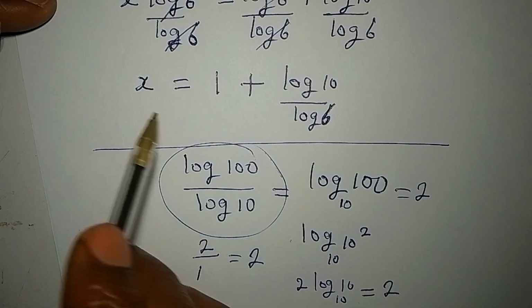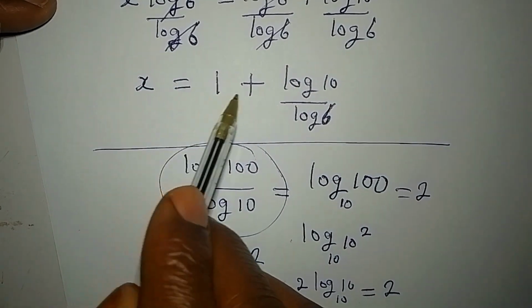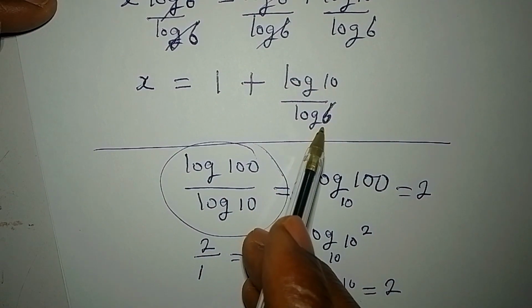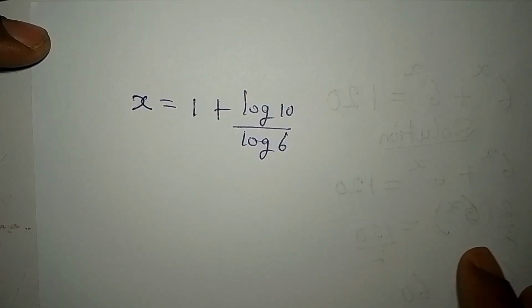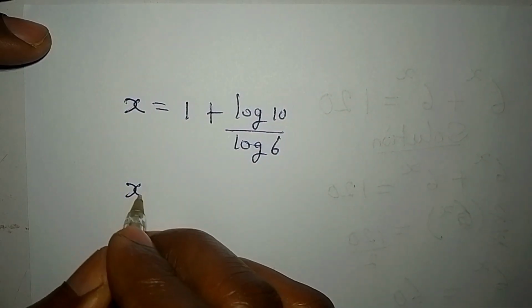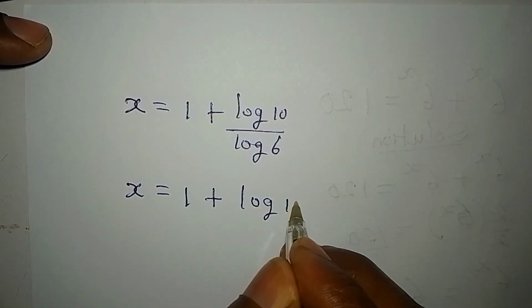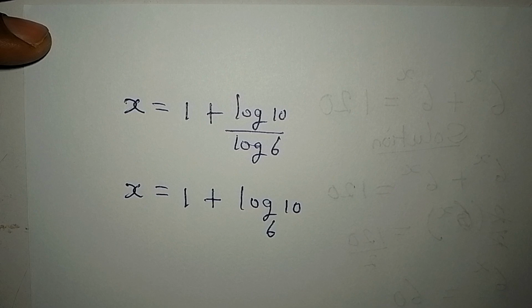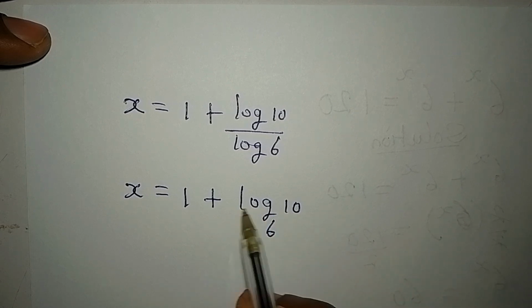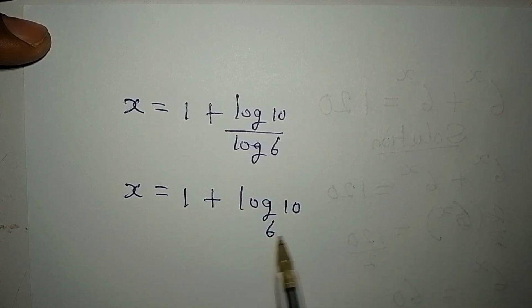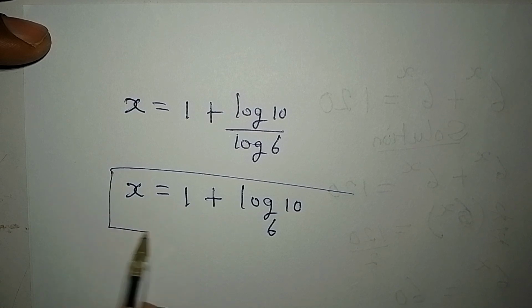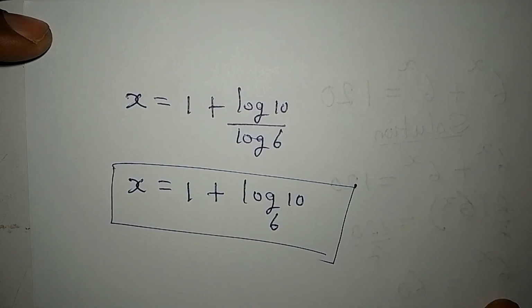Now, let's go back to our x to be equal to 1 plus log 10 over log 6. So from here, our x will now be 1 plus log 10 to base 6. So this becomes the value of x. Now, let's put it into the equation.